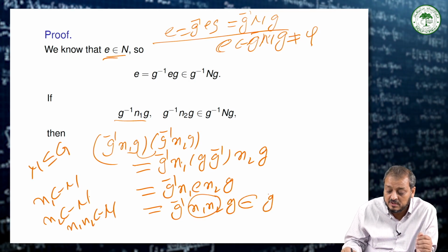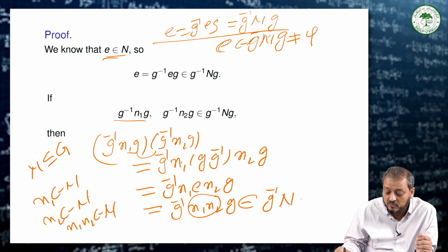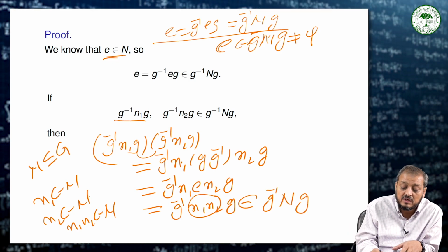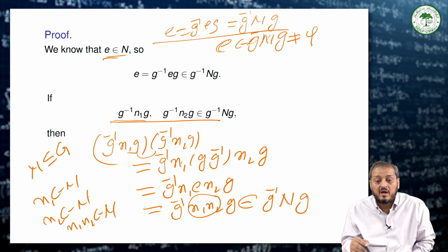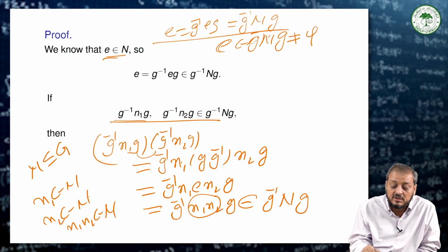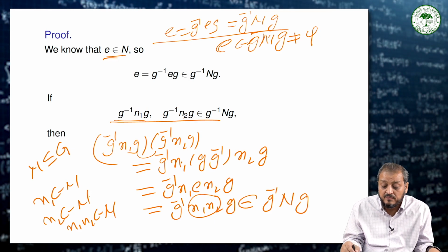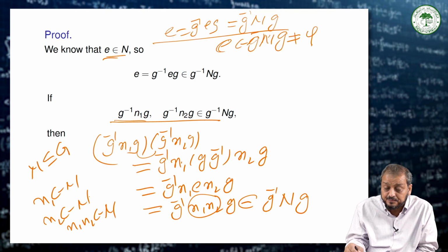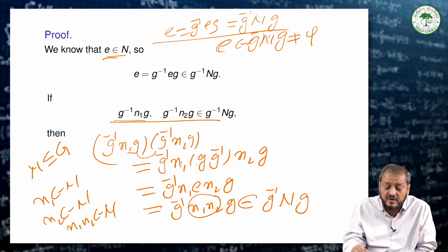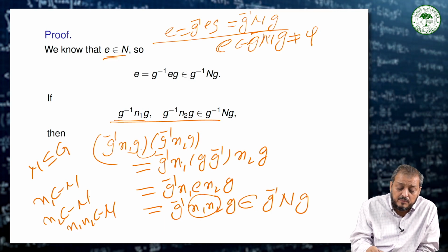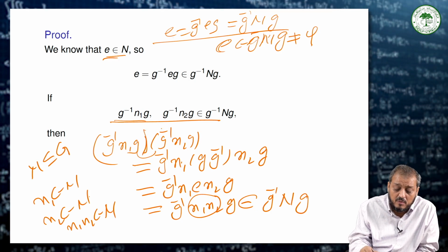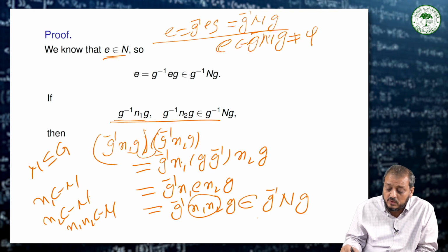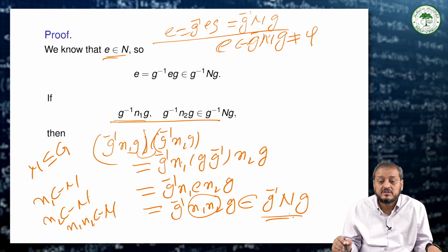So this means that taking the two elements g inverse n1 g and g inverse n2 g belonging to this set g inverse Ng, finally we show that the product of these two also belongs to g inverse Ng.